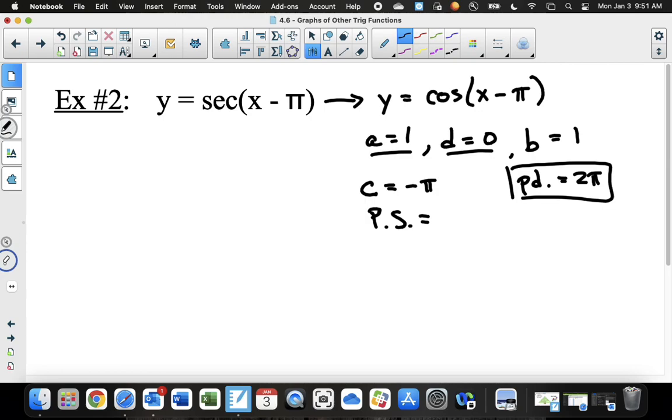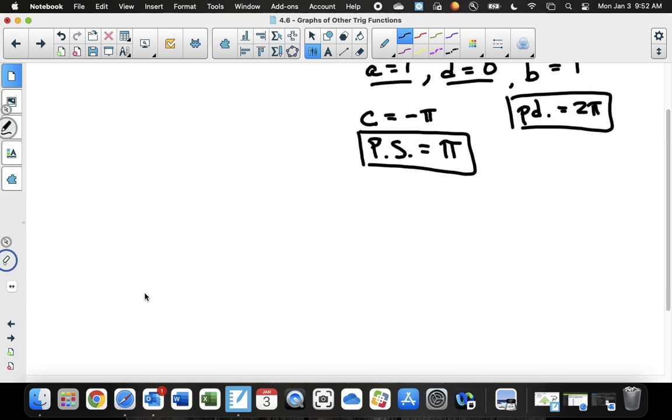So the opposite of that divided by 1 gives you a phase shift of pi. All right. Now we're going to graph the cosine wave, because once we've got the cosine, like I said, then it's very quick to put in the secant. So let's go through and graph this based on what we have.